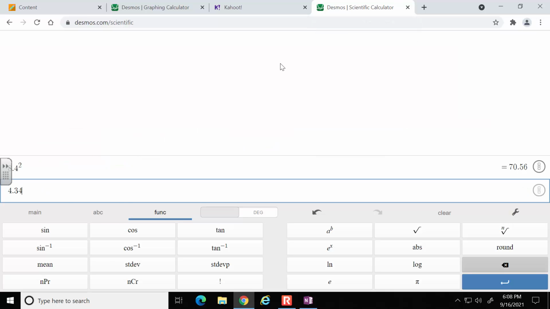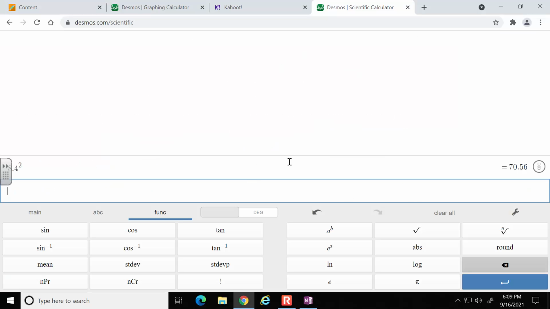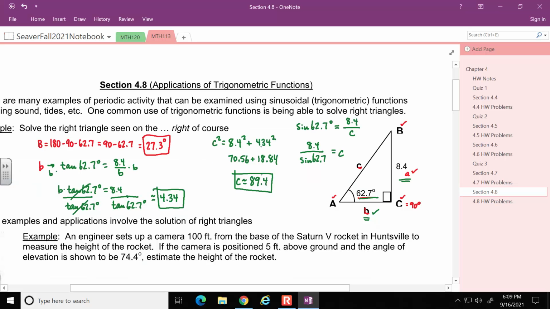Wouldn't we have to take the square root of it? Yeah. Oh, yes. Whew. Good call. 9.46. Whew. Glad you caught that. I would have lost points on that. You wouldn't have. All right, 9.46 is your measure there.